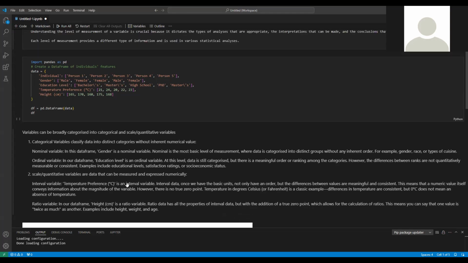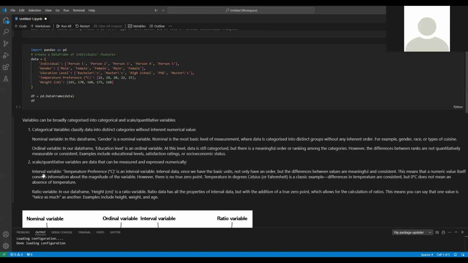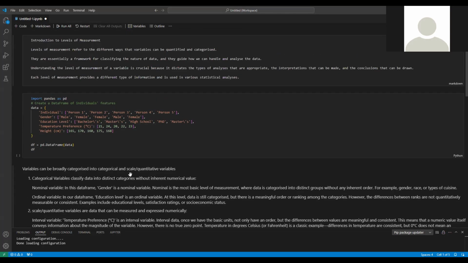Under the category of categorical variables, we have nominal variables and ordinal variables. And under the category of scale variables, we have two groups: interval variables and ratio variables. Let's just look at an example here.